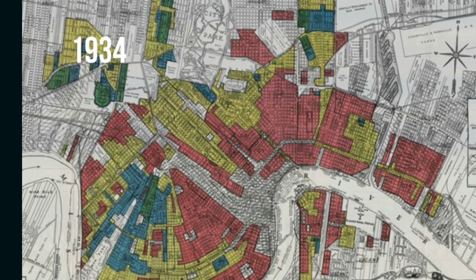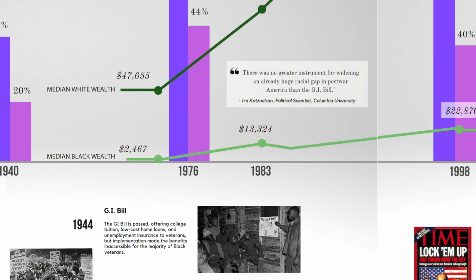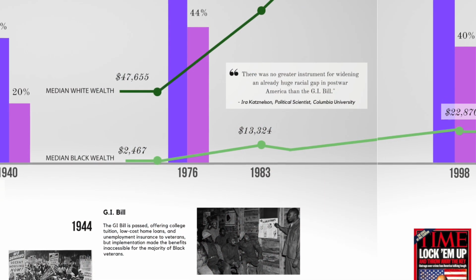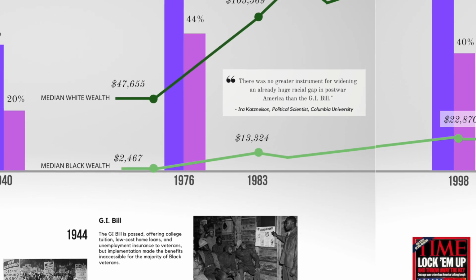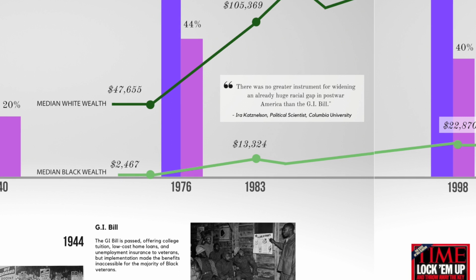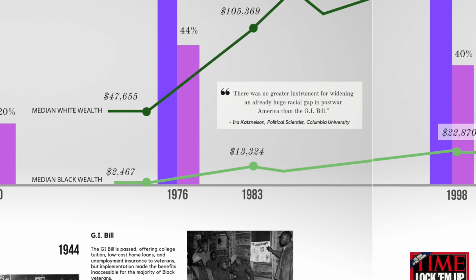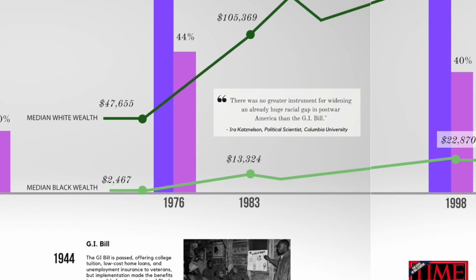By 1944, the GI Bill was passed, offering college tuition, low-cost home loans, and unemployment insurance to veterans. However, the implementation of such rewards made the benefits inaccessible for the majority of Black veterans.